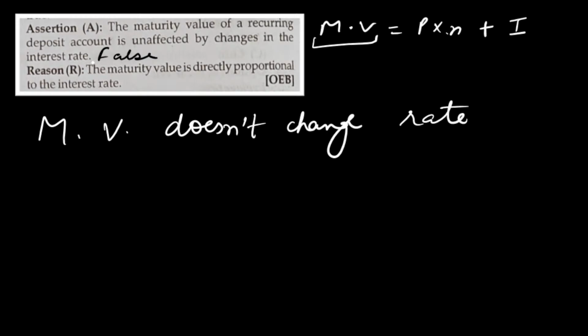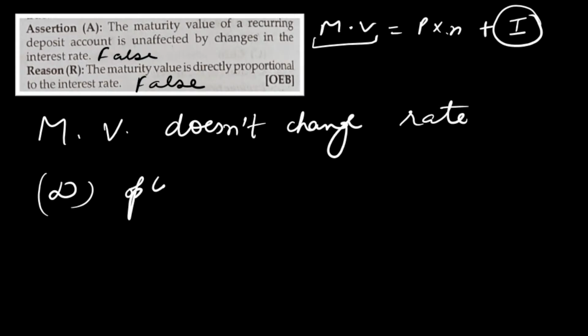Again, it is not directly proportional here, because we are adding interest in that. It's not directly proportional over here. So this is also false. So both A and R are false. That means option D is the correct answer. Option D.